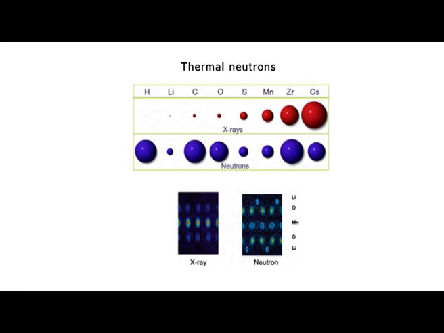Neutron diffraction is very important here. I have put in the image a comparison between the output from X-ray diffraction and from neutron diffraction. There you will see that X-ray diffraction clearly falls behind neutron diffraction in estimating the periodicity or the presence of something very important like lithium in a battery material like lithium manganate.